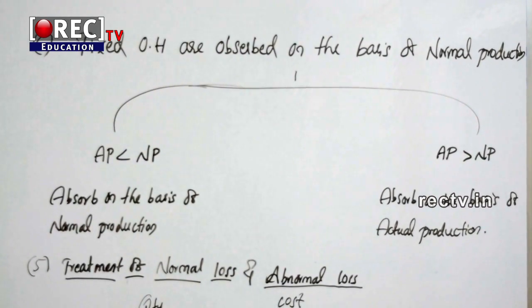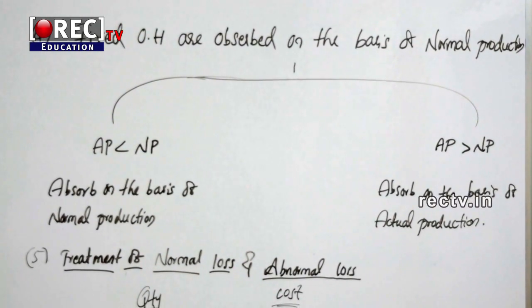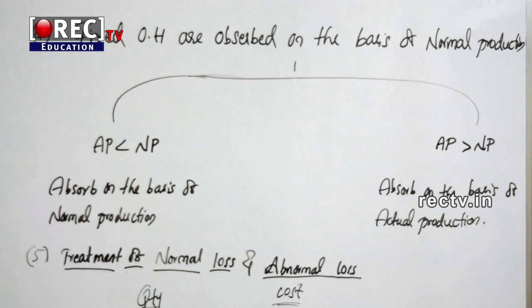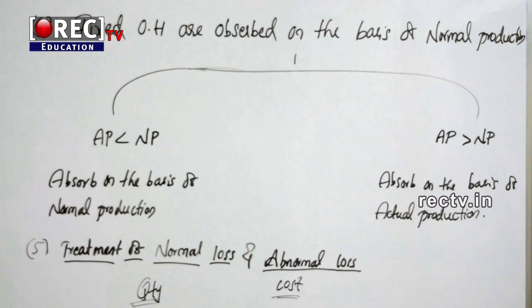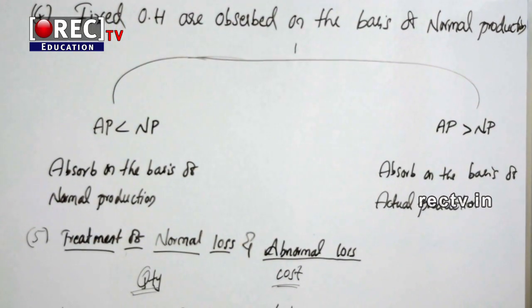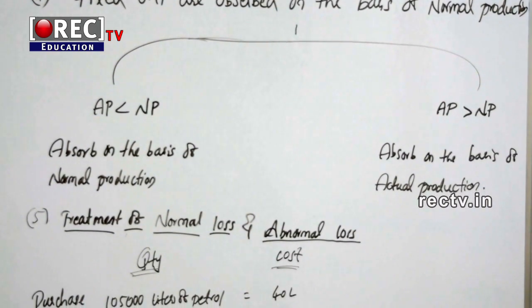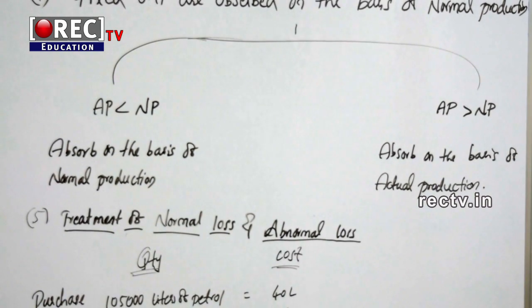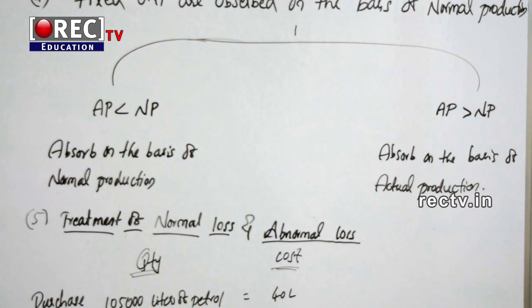That is, it is divided into two: actual production less than normal production, and actual production greater than normal production. If actual production is less than normal production, the absorption of overheads is based on normal production, and if actual production is greater than normal production, then it is absorbed on the basis of actual production.